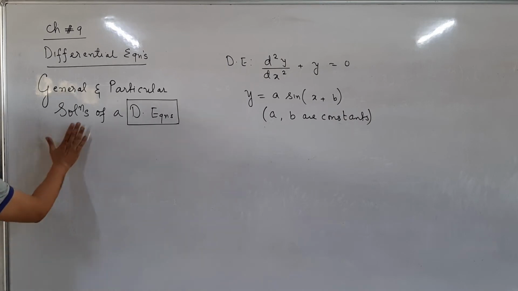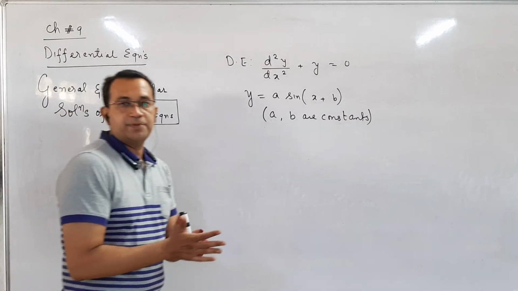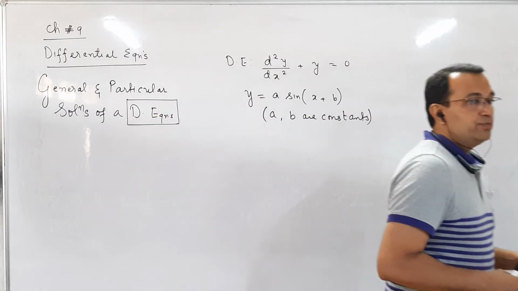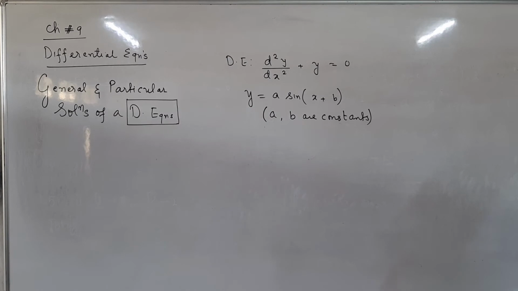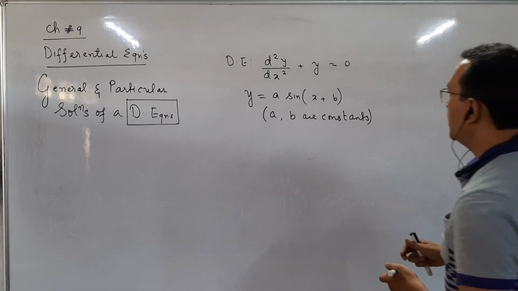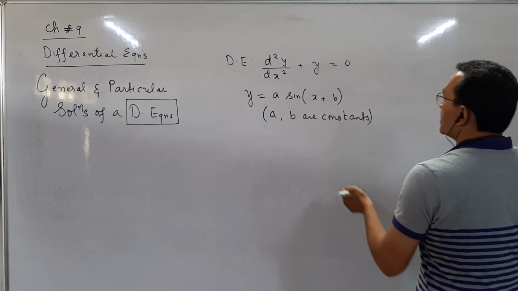Again, these two definitions are also an integral part of the chapter. What do you mean by a general solution and what do you mean by a particular solution of a differential equation? Now, say I am given a differential equation and I am considering the function y is equal to a sine of x plus b.